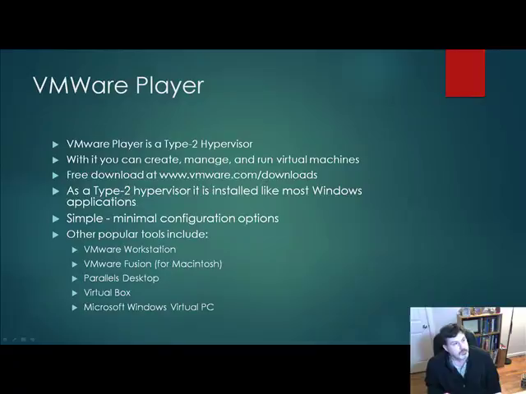So let's look at VMware Player. VMware Player and VMware Workstation are two virtual machine applications that we're going to be utilizing for the course. VMware Player is a Type 2 hypervisor, as we reiterated in an earlier lecture. I can create, manage, and run virtual machines. It's available as a free download at www.vmware.com in the download section. And as a Type 2 hypervisor, of course, it's going to be installed just like any other Windows application, provided you're not running Hyper-V on a Windows machine already.